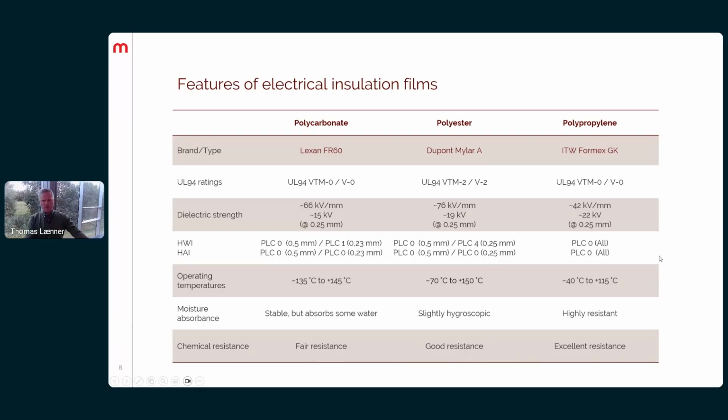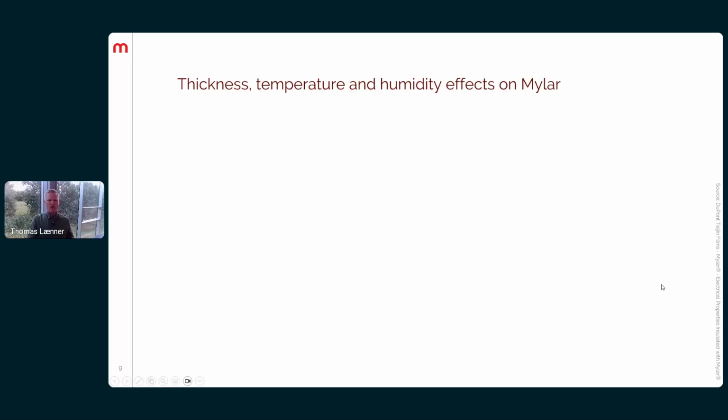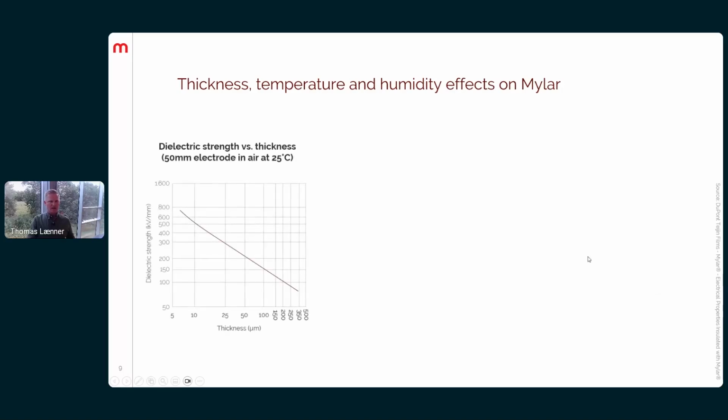And in fact, when it comes to dielectric strength performance, thickness, humidity and temperature can all have a significant impact. Now I'll just show you some examples of how it can affect. This is measured on a Mylar material. So you can see here we have the dielectric strength versus the thickness.